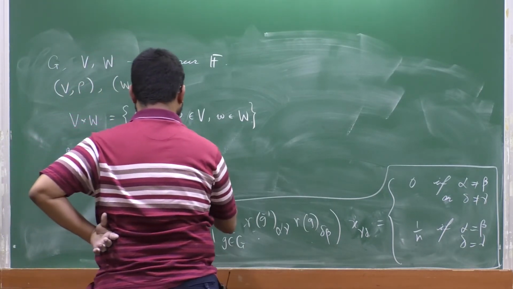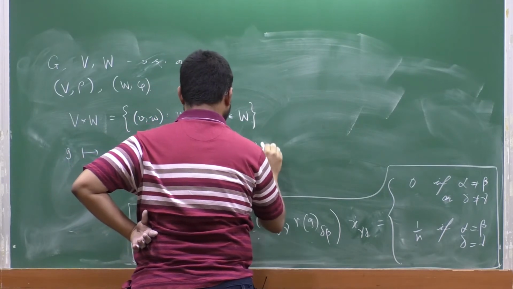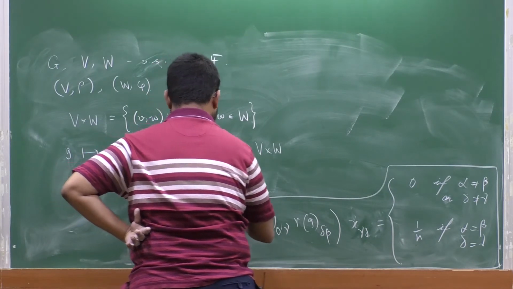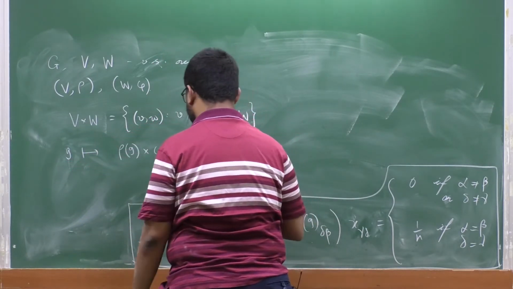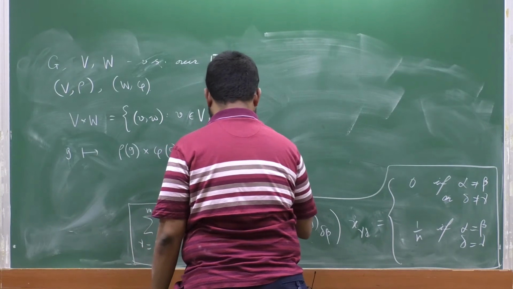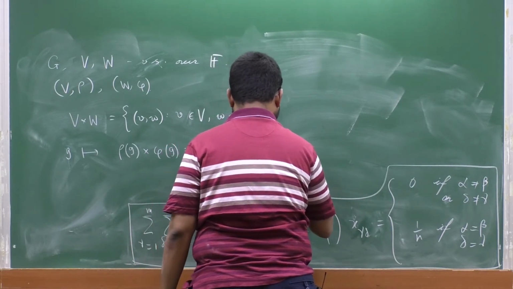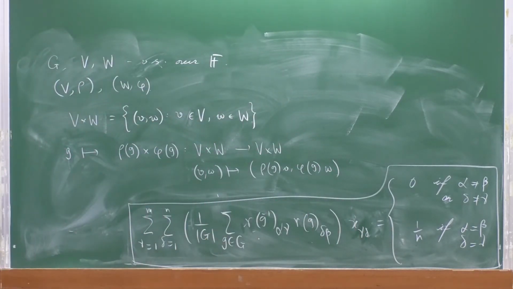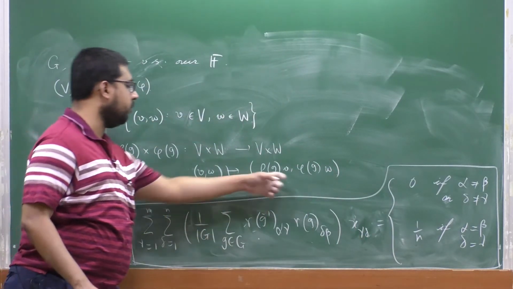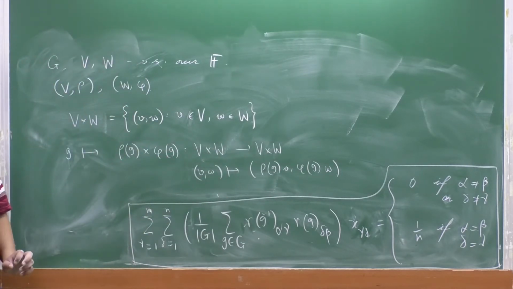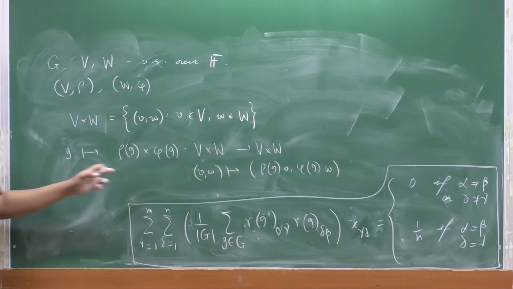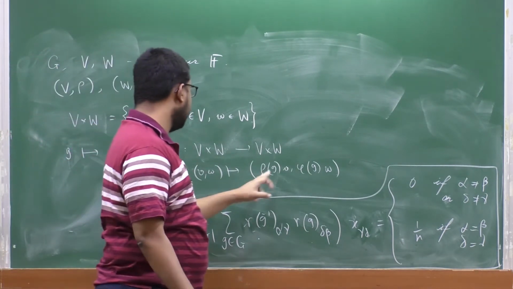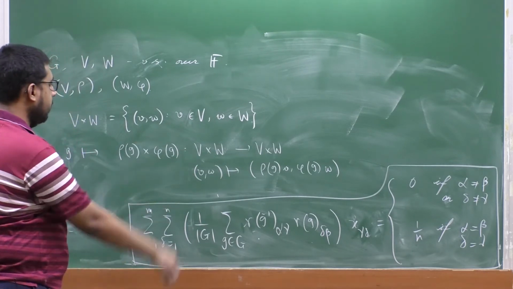So, this is a linear operator from this direct sum to itself. Okay, this is just the usual product of two linear operators, the Cartesian product, rho g of v, phi g of w. So, since things are being done componentwise, that is also going to be a representation of G on this.